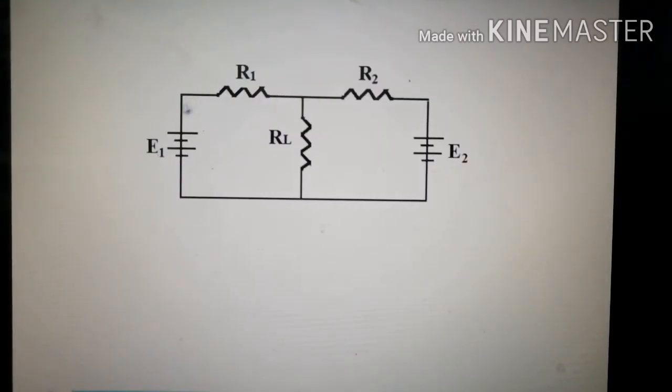Here, this is the problem. This is an electrical circuit with 2 energy sources. One is E1, the second one is E2. Now listen to me very carefully. There are 2 energy sources, so it is necessary to break it into 2 sub-circuits. I am going to solve this circuit with the help of the superposition theorem.